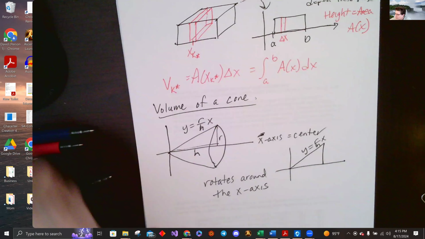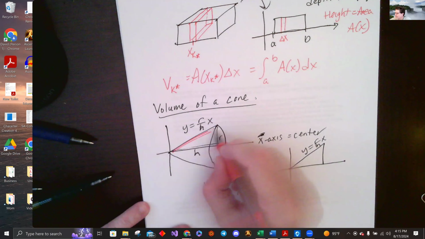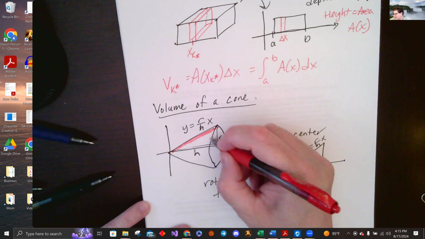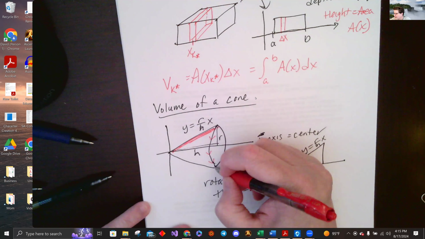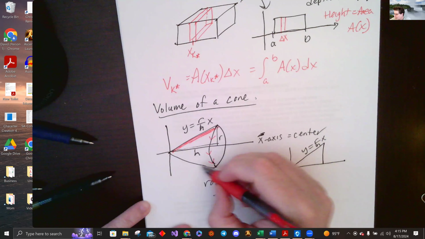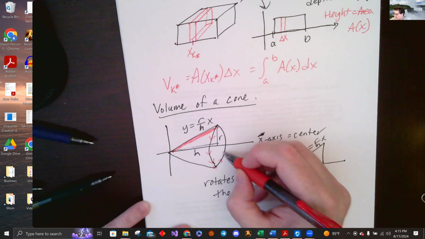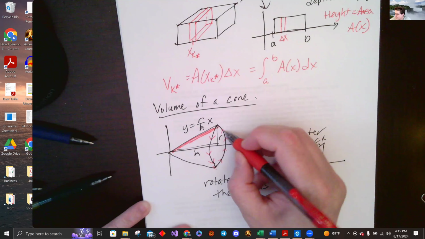So that's our line, and I'm going to slowly rotate it around the axis. When it gets down to here, we're at the bottom, and we keep going and it circles back around until we get to the top.